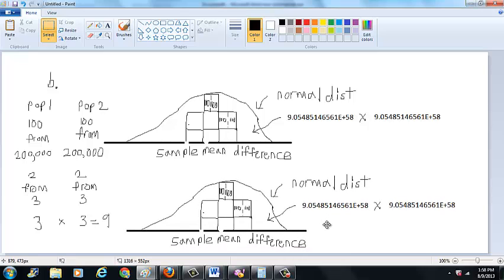This time, instead of each combination being stacked above its sample mean difference, it's above its t-score.